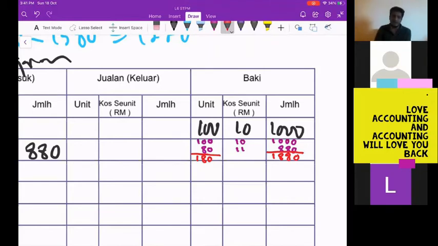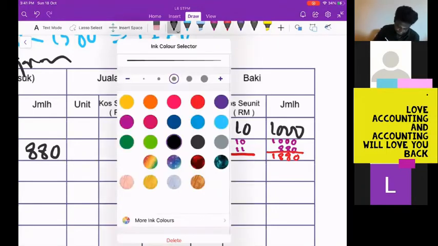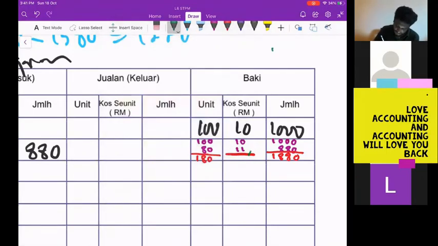So how to calculate cost per unit? 1880 divided by 180.